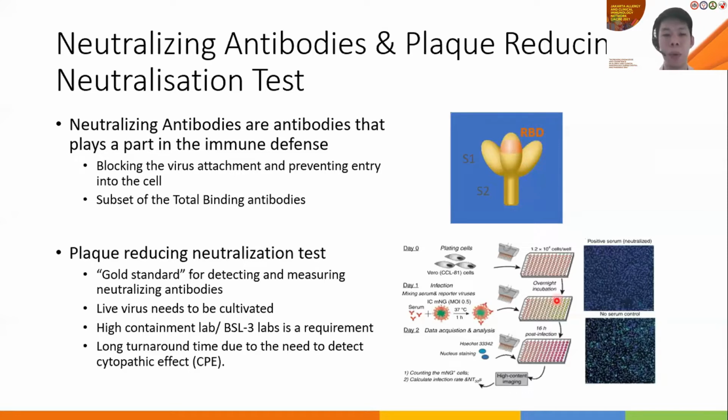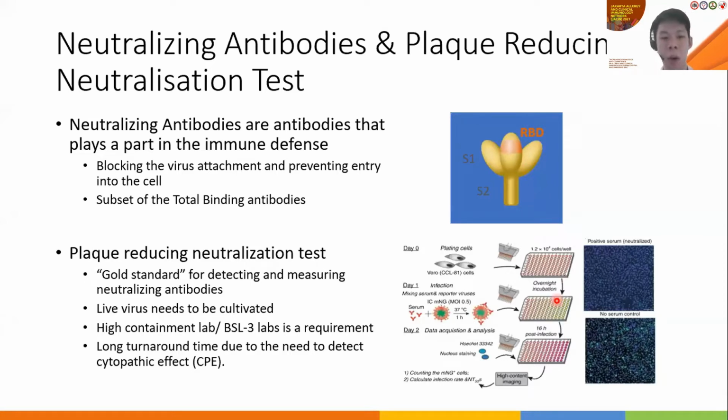Another concept I would like to introduce is the plaque reduction neutralization test, or PRNT test. As I've mentioned, the PRNT test is a gold standard for detecting and measuring neutralizing antibodies. However, the downside of the PRNT50 test is that a large amount of live virus has to be cultivated, and with the biosecurity of SARS-CoV-2, a high containment lab or a BSL-3 facility is required for culturing this virus.